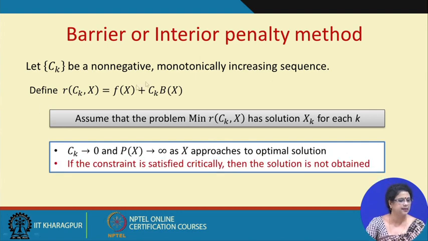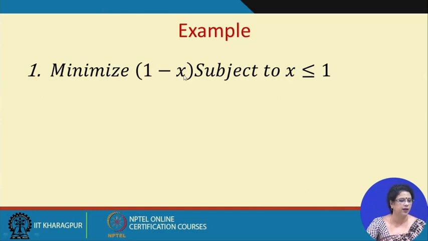Now, let us try to solve a problem. If the constraint is satisfied critically, then the solution is not obtained. The problem will be unbounded; the objective function will be unbounded. Now, let us consider one problem: minimization of 1 by (1 minus x) subject to x less than or equal to 1.